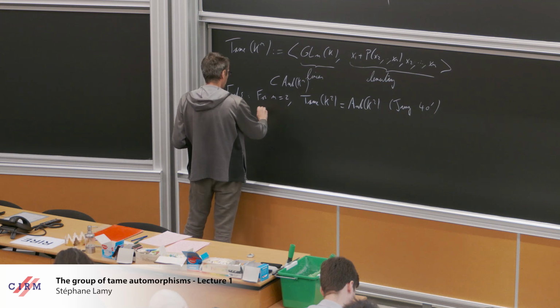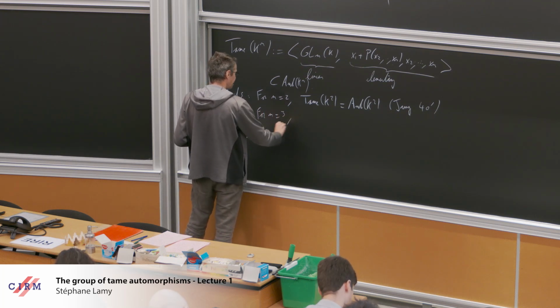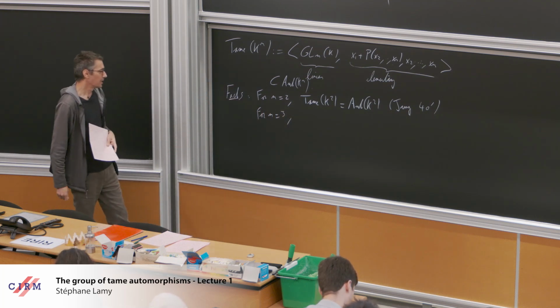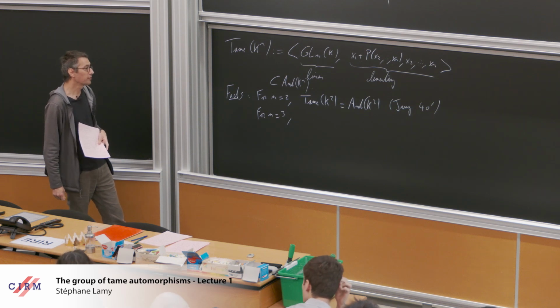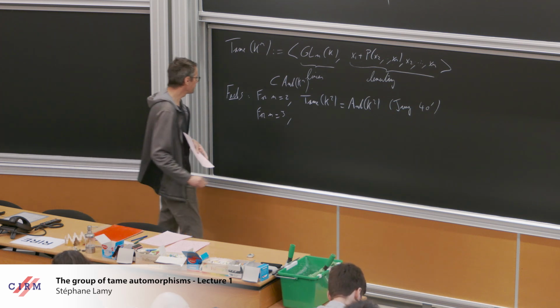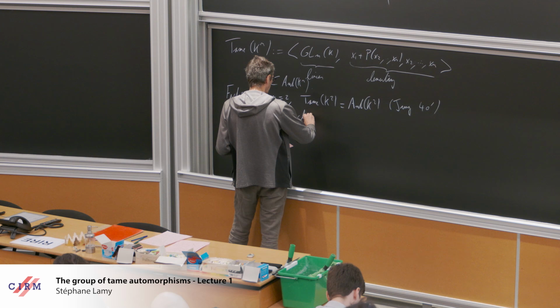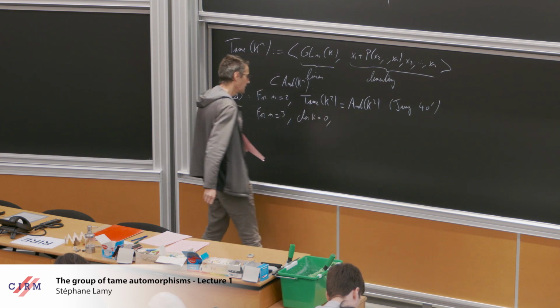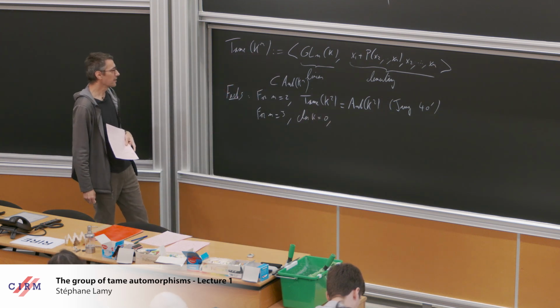And for n equals 3, you have to put an assumption on the field: characteristic 0. We know that it's a strict inclusion.